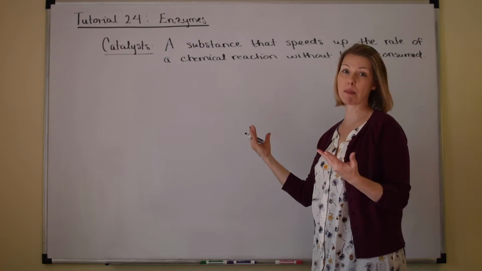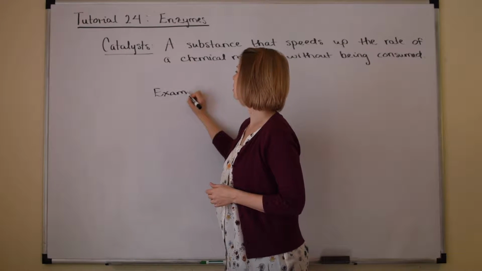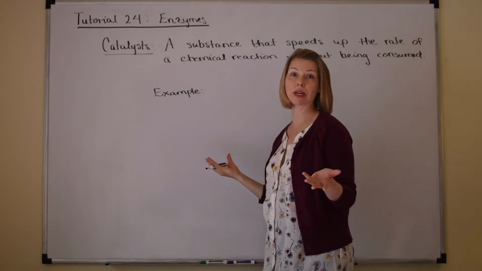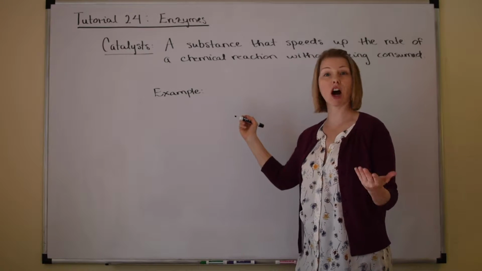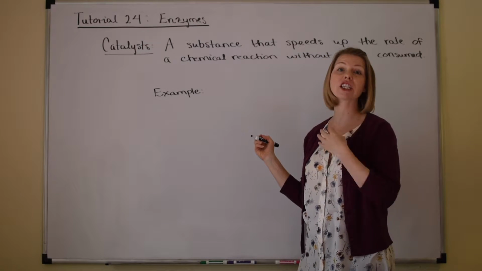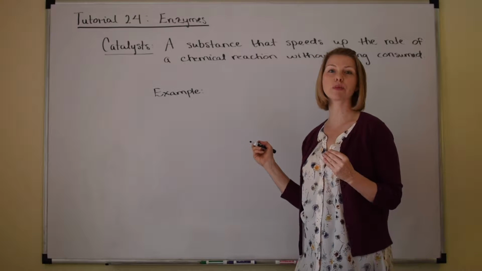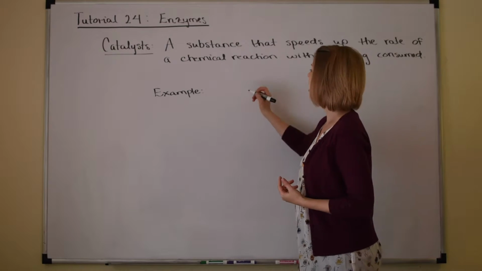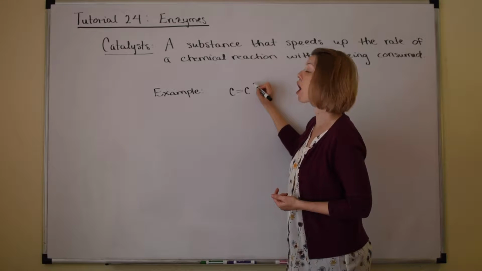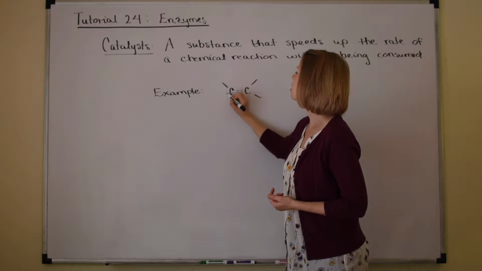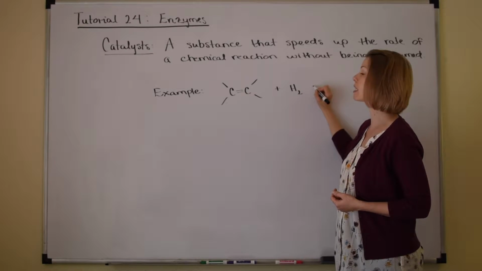Okay, so for example, we've seen a lot of reactions written out that require a catalyst, but we'll just use one example. We'll use hydrogenation. Remember that the hydrogenation of an alkene requires a metal catalyst in order to proceed at a reasonable rate. So something like palladium is very common to use in a hydrogenation reaction of an alkene. So I'll just do a general alkene here, adding hydrogen across the double bond.